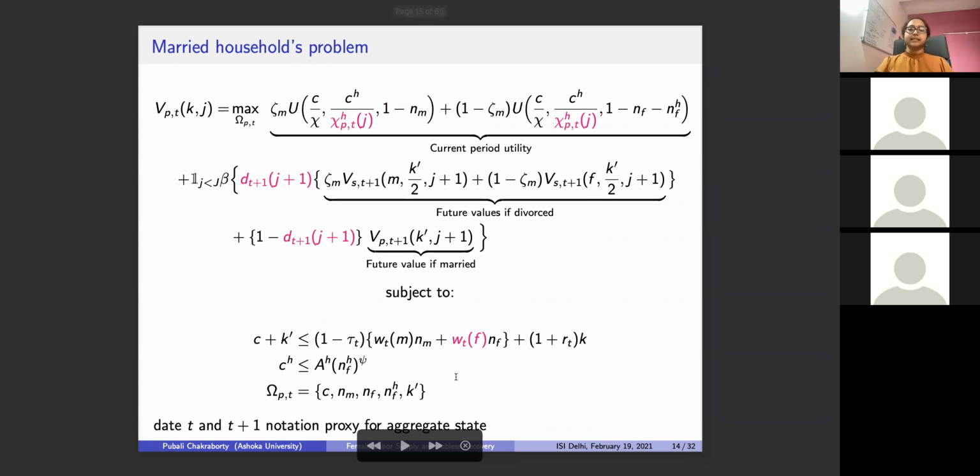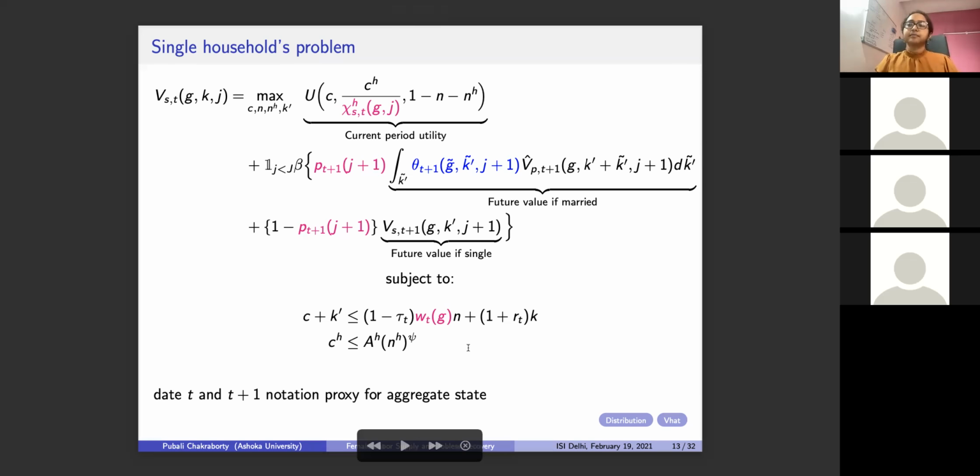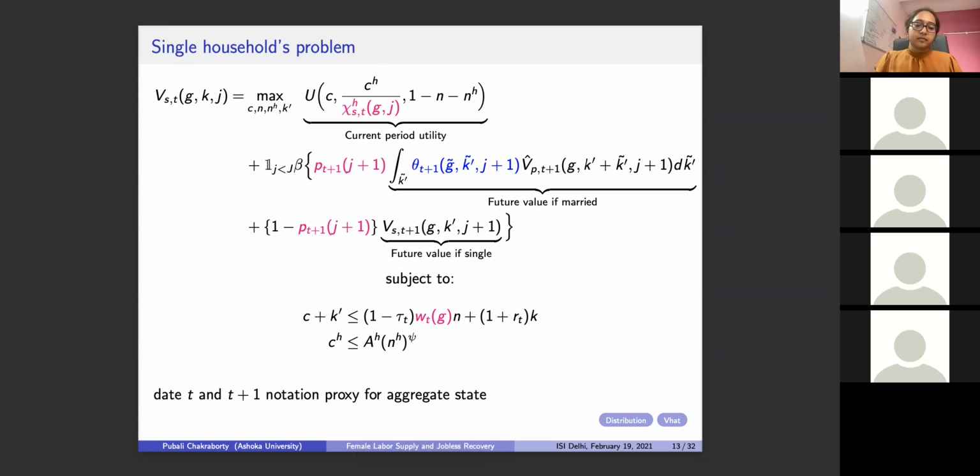Similarly, Pubali, one small question, can you explain that chi, the part divided by that? Yeah. This chi is essentially the consumption equivalence, in terms of the number of children. You need to produce more childcare if you have more children at home. But you would also spend more N_H if you had more children, no?